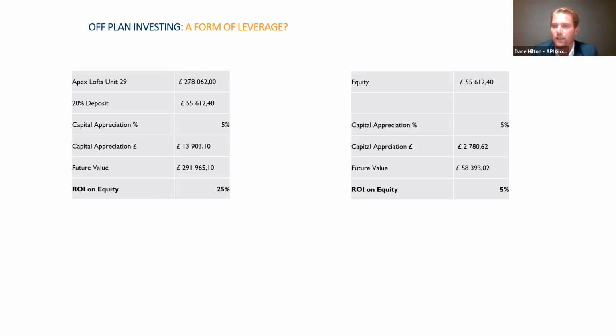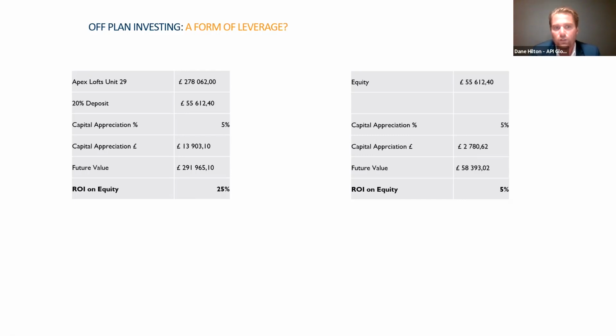Now, you've only put a 20% deposit on the unit price, but you're getting the capital appreciation on the full value of the property. So if you take a 5% capital appreciation on that £270,000 scenario, that's around a £14,000 increase over a year period. Your future value is now sitting at around £290,000 at completion.